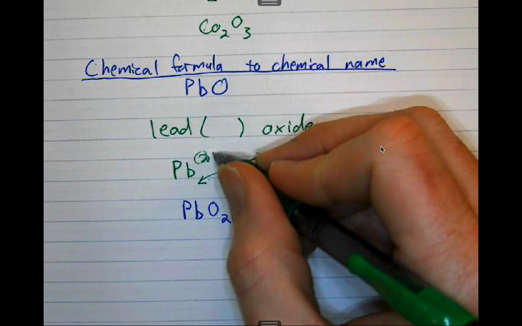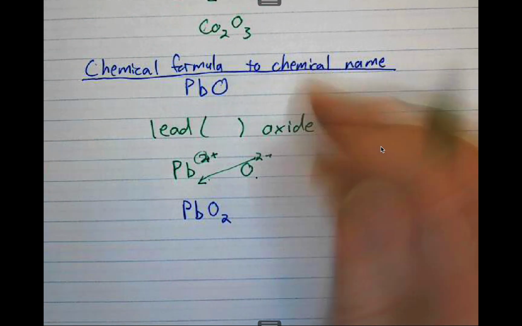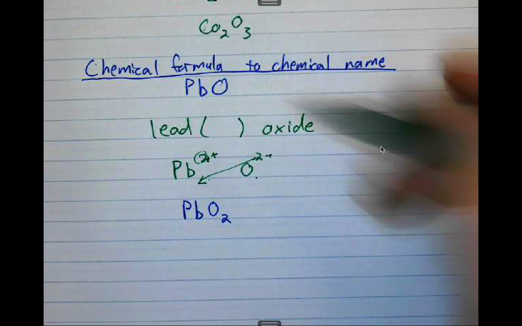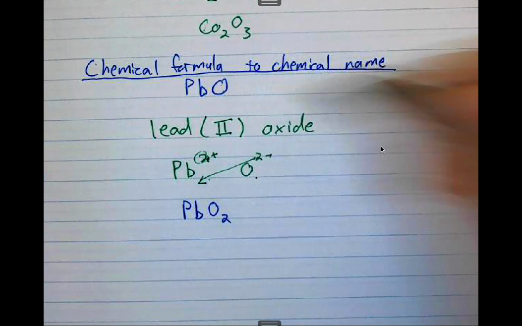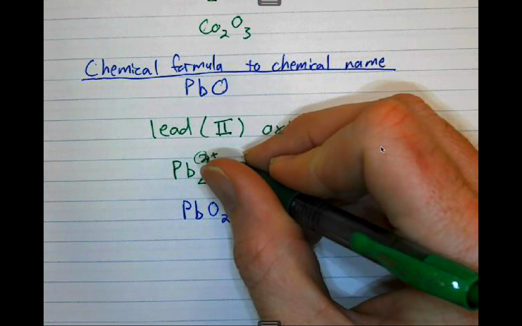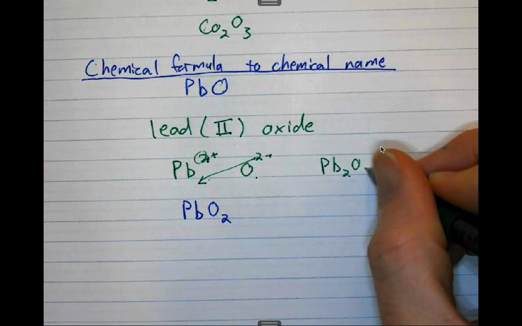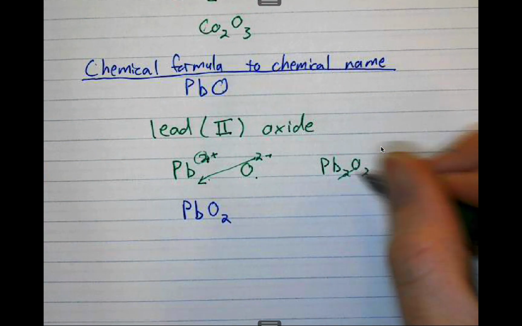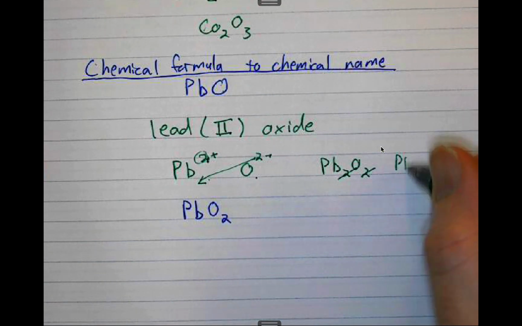You're right, it would be a 2 plus, because the 2 plus and the 2 minus should have canceled out to make PbO. So that would be lead 2 oxide. Now you might be saying, well, why isn't it Pb2O2? That's not correct because the 2's cancel out. So that should be just PbO.